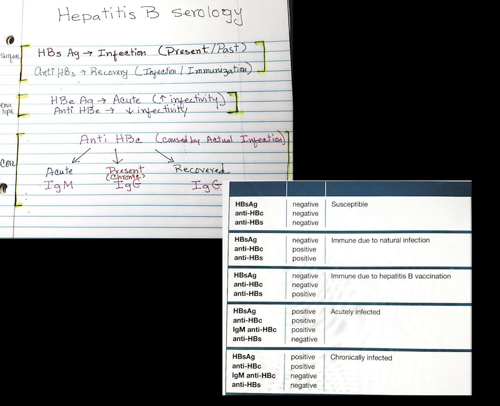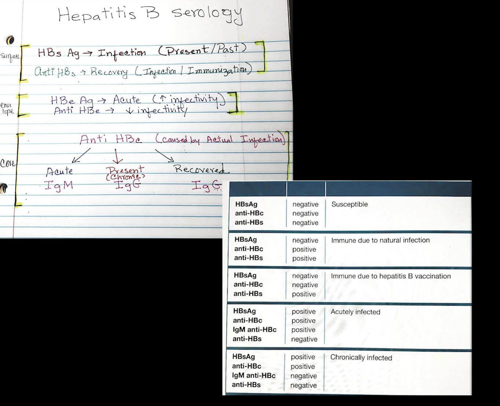The following example, surface antigen is positive. Okay, we have infection. Core antibody is positive. So core antibody is acute infection, chronic infection, or recovered. We cannot take recovered because surface antigen already told us it is an infection, either present or past.